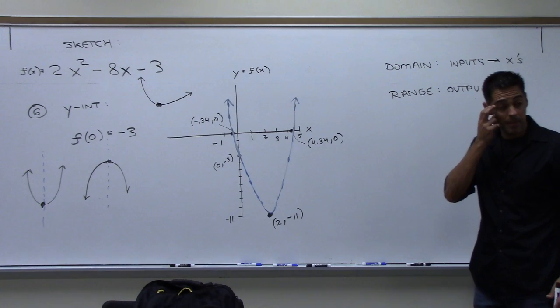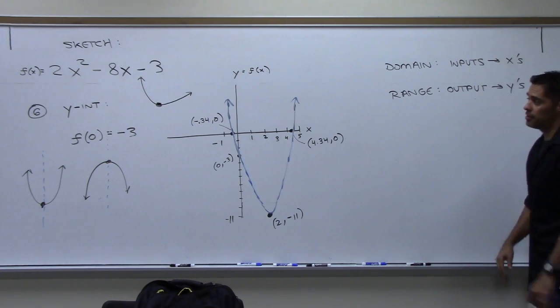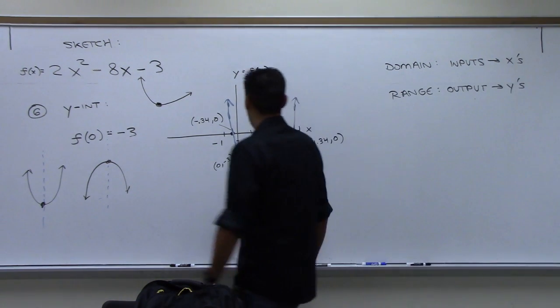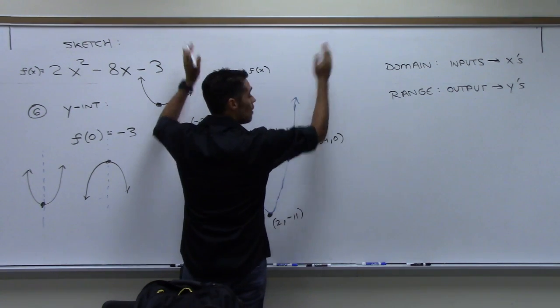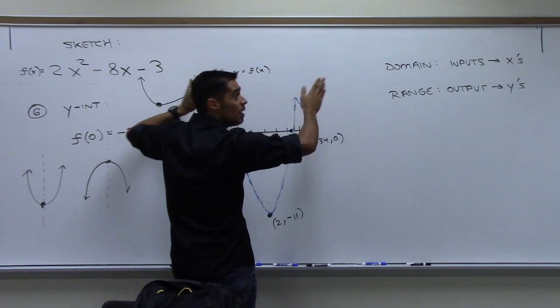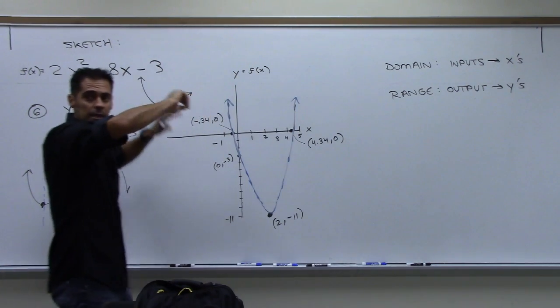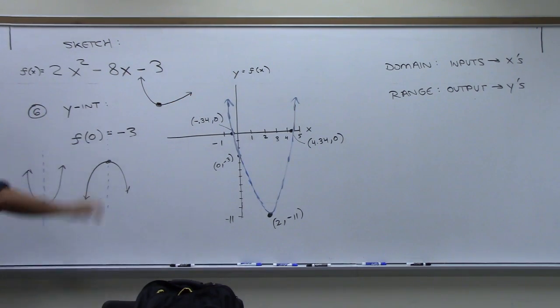All right, so let me explain how we can do this. Remember that this parabola, imagine it keeps going up and going out forever, out the roof of the building, and just keeps getting wider, doesn't it?